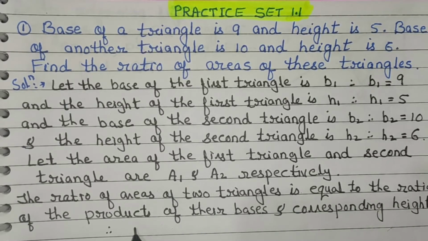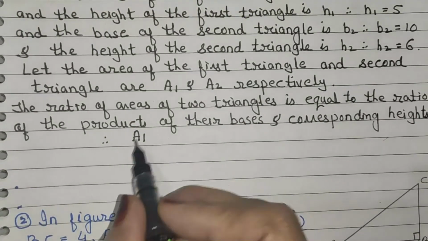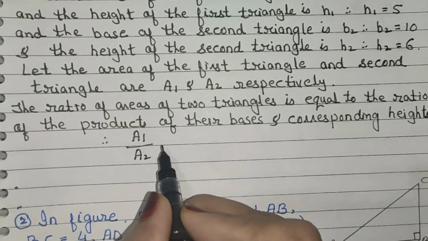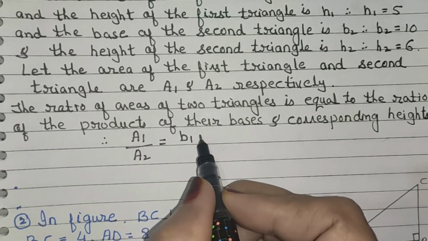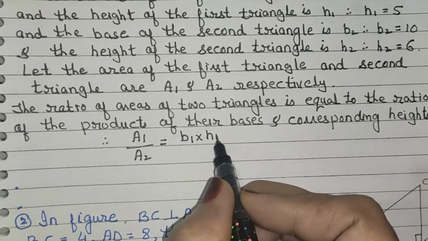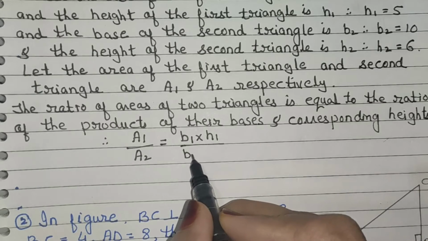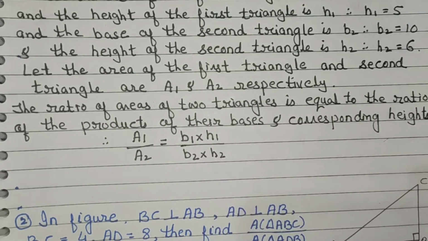Therefore, we can write here A1 upon A2, area of the first triangle upon area of the second triangle is equal to product of base and height of first triangle upon product of base and height of the second triangle.